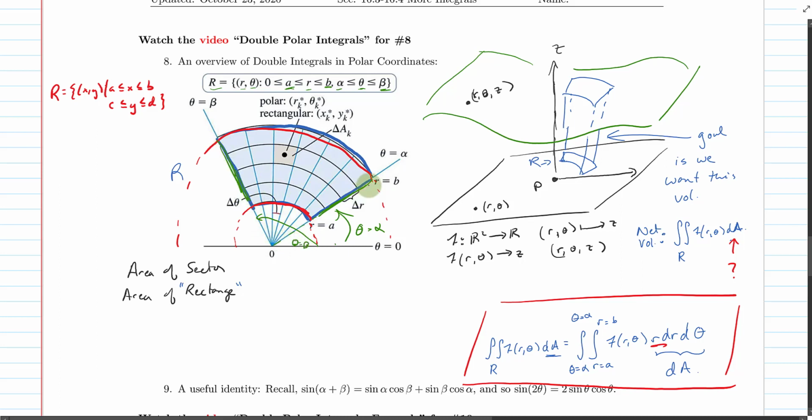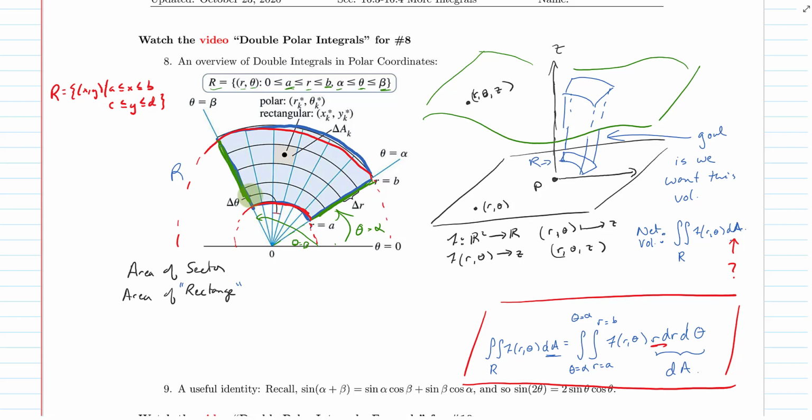So this shape here has four sides, where the upper and lower sides are given by the fixed radial values, and the left and right sides are given by the fixed theta values. So we do want to think of this as the polar equivalent of a rectangle.